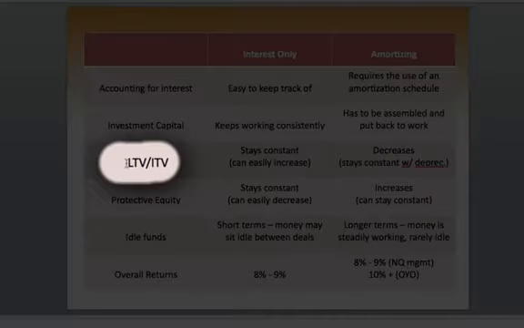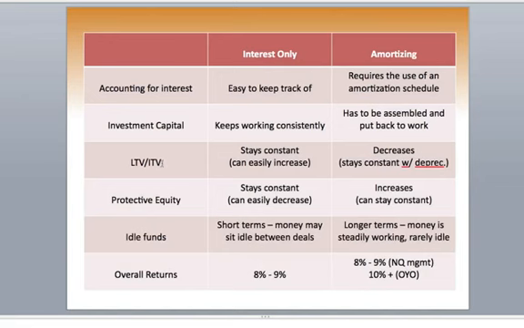Now we're looking at loan to value or investment to value, depending on whether you're making a loan or making an investment in a note. The loan to value stays constant. Let's say property prices stay the same, then your loan to value will stay the same because the principal amount doesn't move.